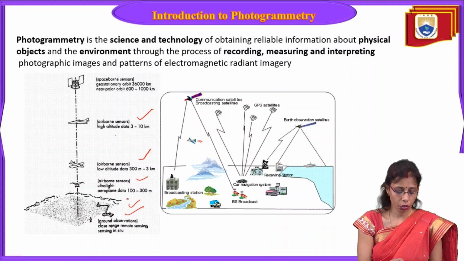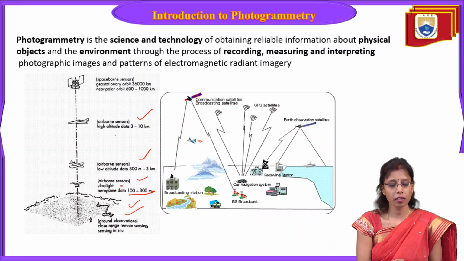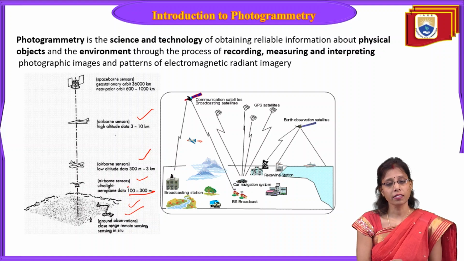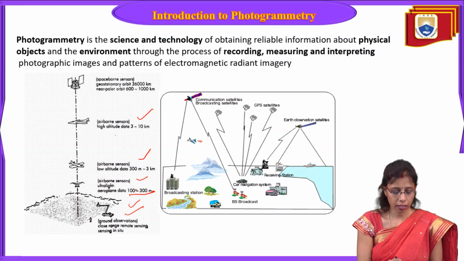If we move a little above, 100 to 300 meters above, our platform will be the air, and our vehicle will be the aeroplane, which has a device called a camera that captures the information from a distance of 100 to 300 meters. It's a very short distance from the ground, so the clarity will be more.